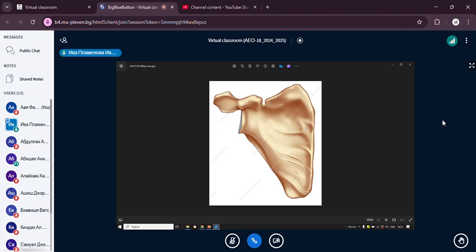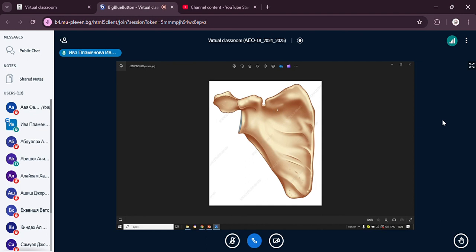So here is the anterior view. That's the costal surface, facies costalis or facies anterior, it doesn't matter. And what else? Nothing. Fossa subscapularis is this one here.